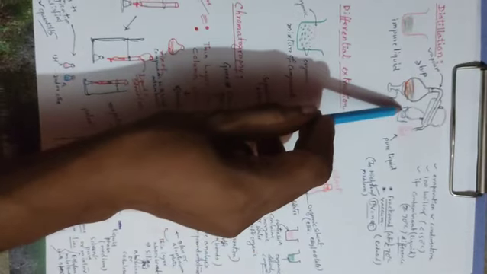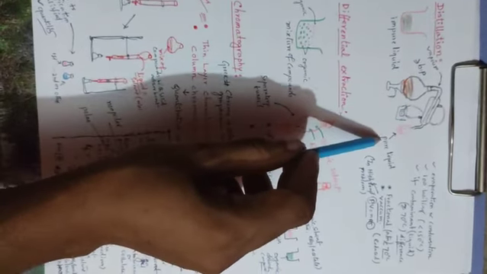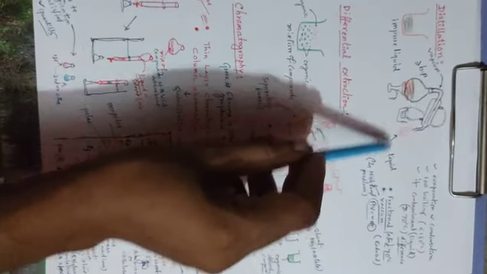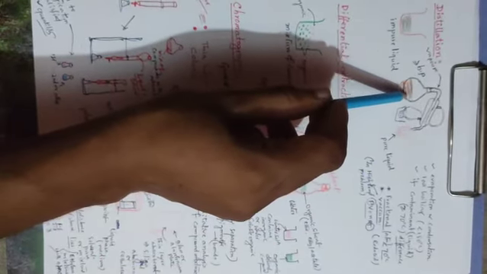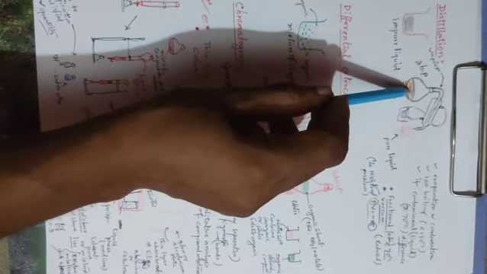In this way we can get the pure liquid. The rest of the impurity or contaminant will stay in the flask.